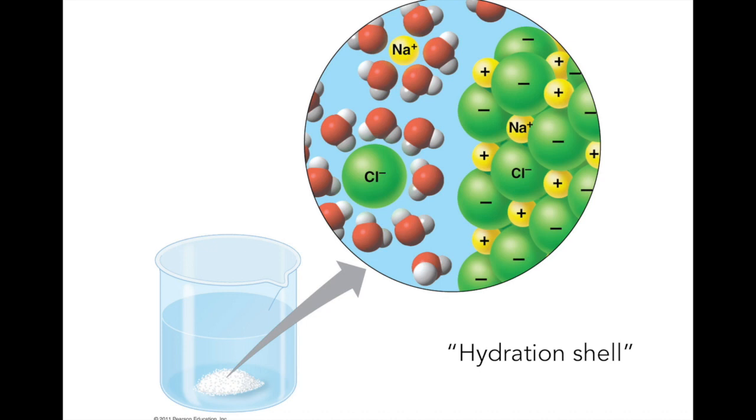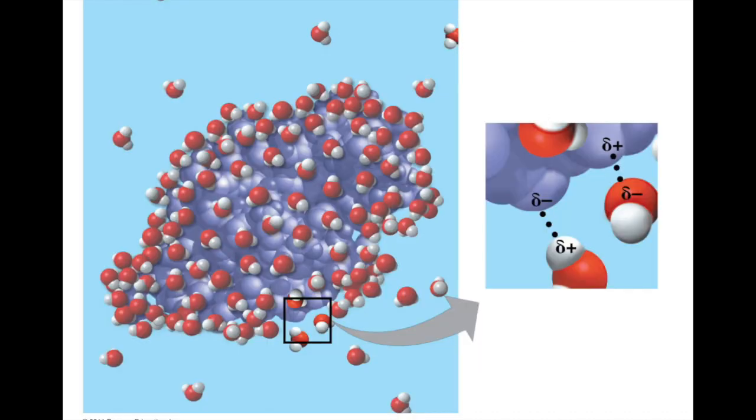And it isn't just ionic compounds. Any compound that is polar, that has partial positive and negative charges on it, even if it's a great big molecule, like a great big protein molecule that's hundreds or thousands of Daltons, you can dissolve it in water because this purple blob in here represents a great big molecule that is dissolved in the water because there's a hydration shell around it.